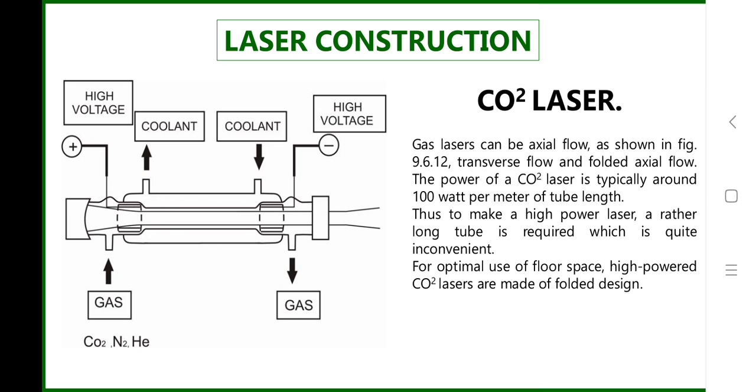The power of this CO2 laser is typically around 100 watt per meter of the tube length. Thus, to make a high power laser, a rather long tube is required, which is quite inconvenient. For optimal use of floor space, high powered CO2 lasers are made of folded design.